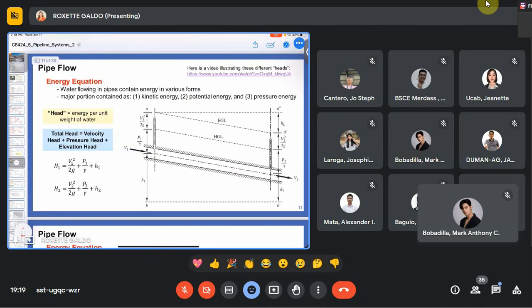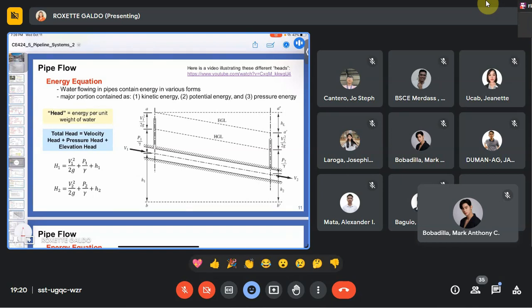We have three types of equations in the outline. We have had the continuity equation, V1A1 is equal to V2A2, and then the momentum equation, summation of forces is equal to rho Q times V2 minus V1. Now let us have the third one, which is the energy equation.